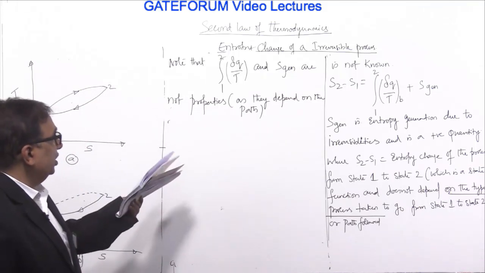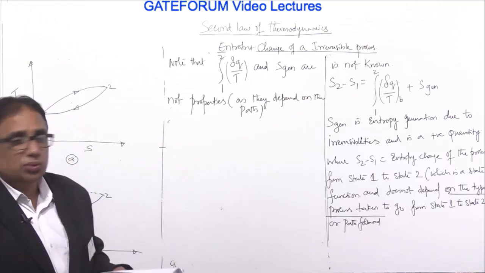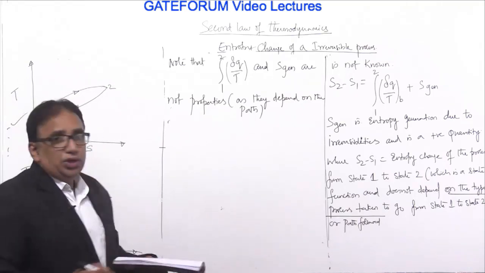This is what depends on the path. That's why S2 minus S1 is equal to the integral from 1 to 2 of dq by T.